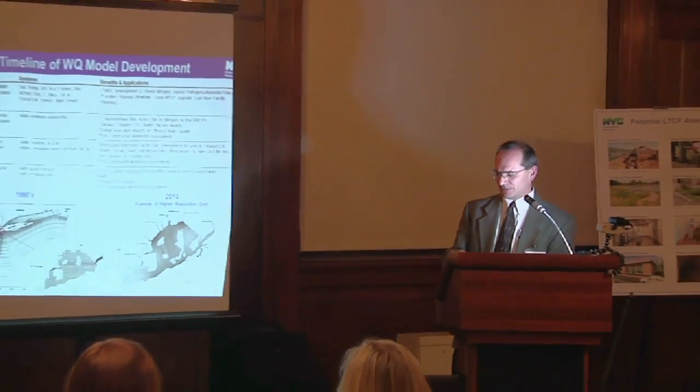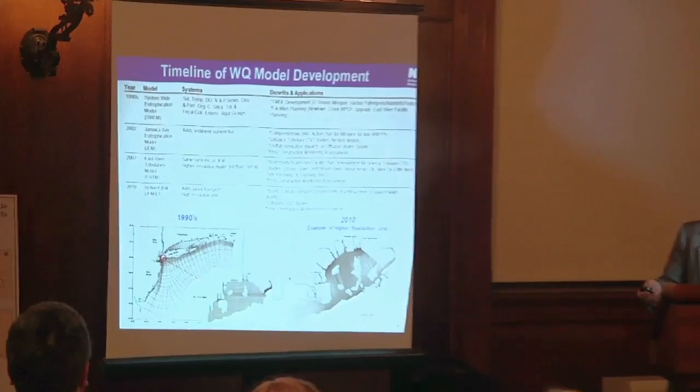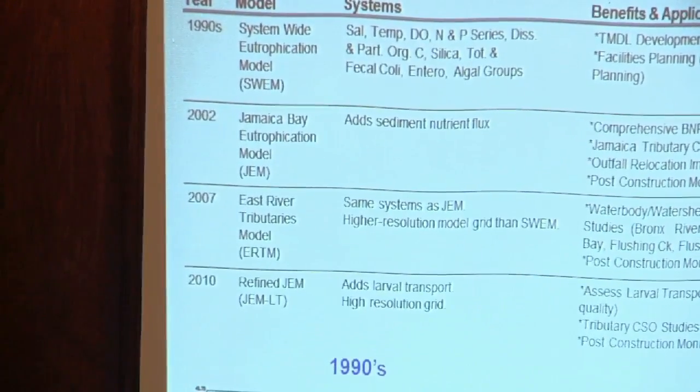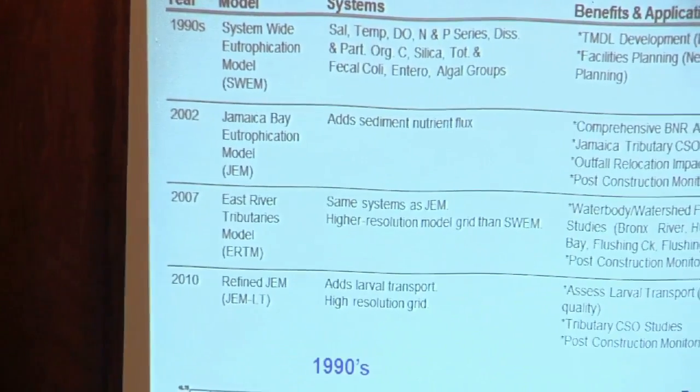Then we moved to 2002, and what we did in 2002, shown here, is a model called the Jamaica Bay Eutrophication model. Really that was just a subset of the larger SWIM model to handle just Jamaica Bay.